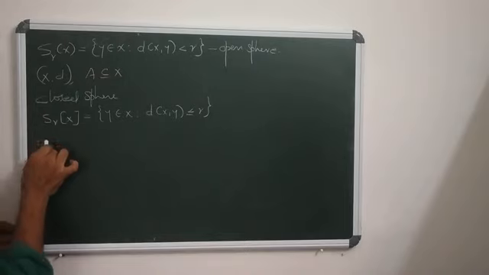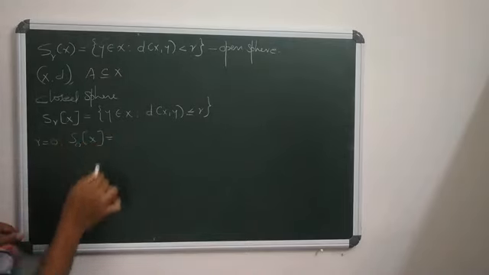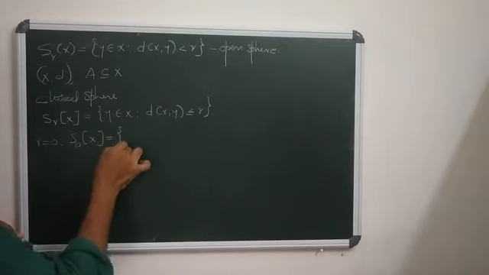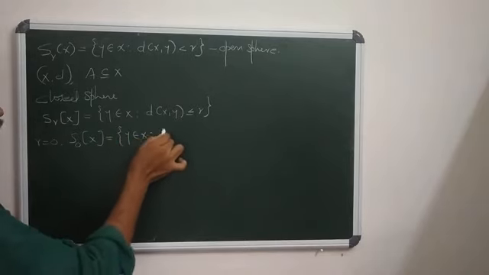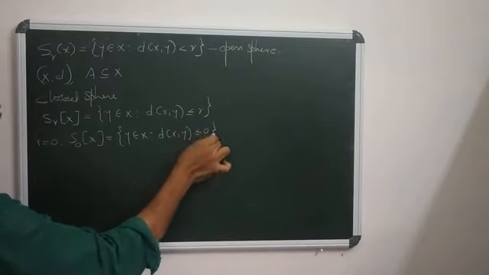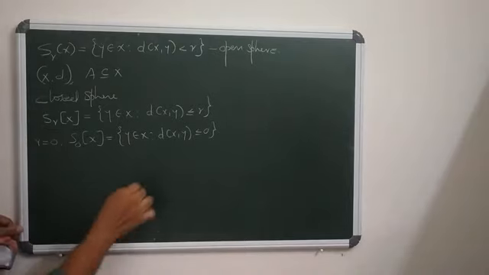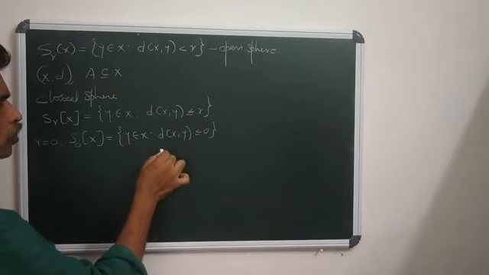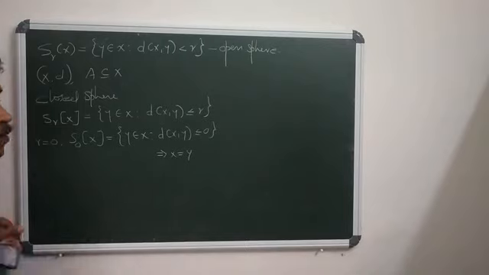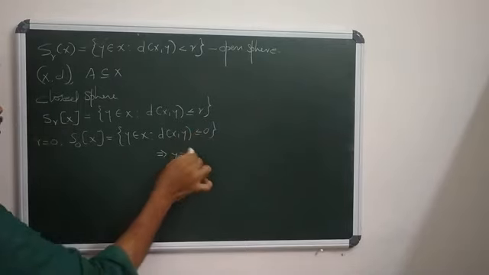Suppose R equals 0, what happens? S_0[X] equals the set of all y belonging to X with d(x,y) less than or equal to 0. What is d(x,y)? The distance between x and y equals 0. This means x equals y, that means y equals x.